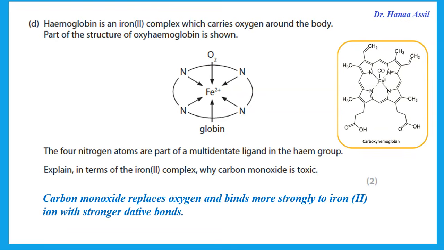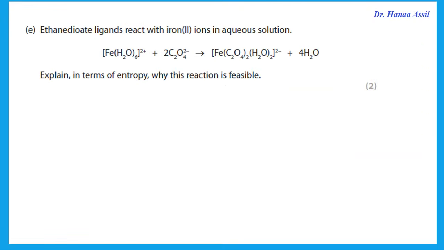The problem is the carbon monoxide has replaced the oxygen, so instead of the iron 2+ bonding to oxygen, it's now bonded to carbon monoxide. And this dative bond formed with the carbon monoxide is actually stronger than the dative bond formed with oxygen. So the carbon monoxide binds more strongly to the iron 2, forms stronger dative bonds that are harder to break, and that means less hemoglobin transports oxygen to body cells.